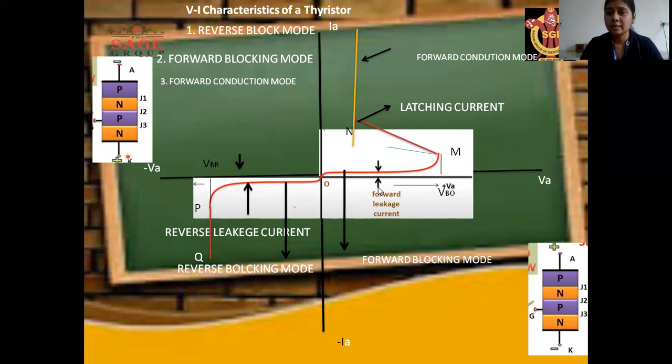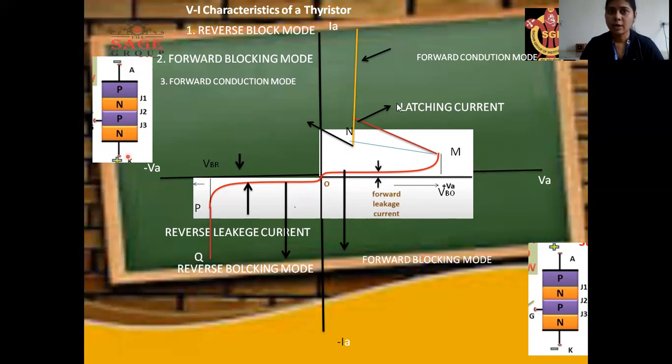The second point is the holding current. Holding current is the minimum value of anode current below which the SCR will turn off, meaning after going below the holding value, the SCR will be in the off state.